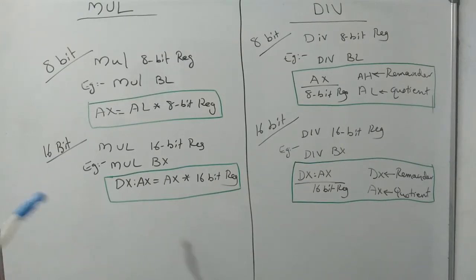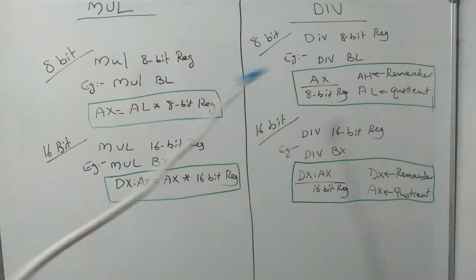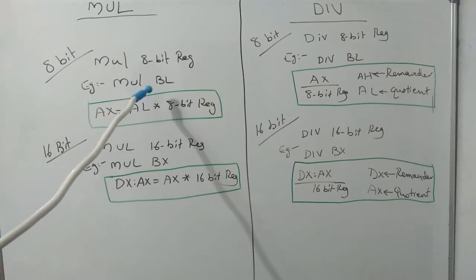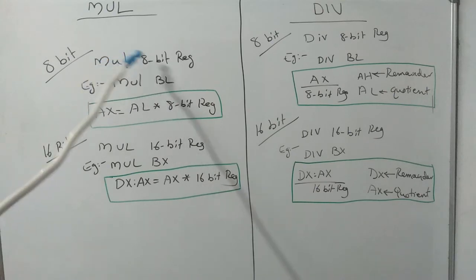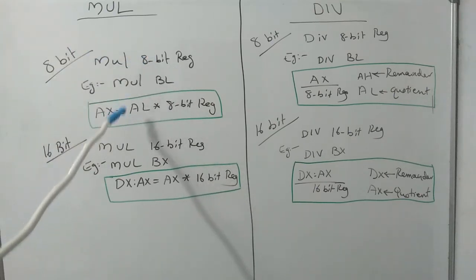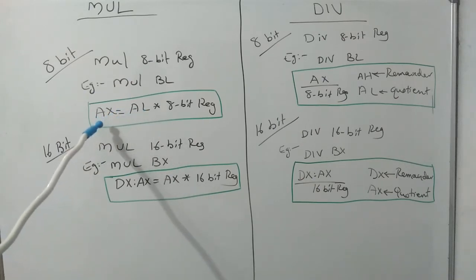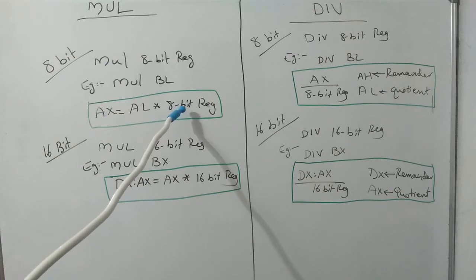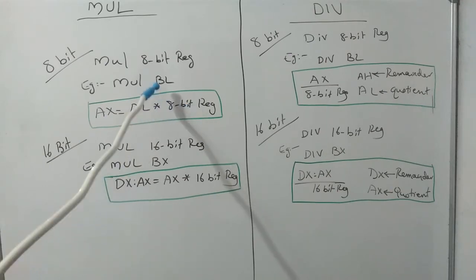In 8086 we have 8-bit multiplication and 8-bit division, 16-bit multiplication and 16-bit division. See the 8-bit multiplication. An example is mul BL. Along with the instruction we will specify an 8-bit register. What is happening is AX equal to AL into the 8-bit register specified in the instruction.